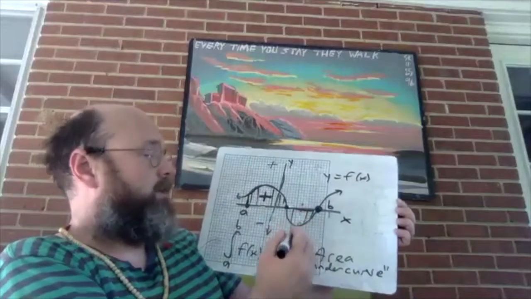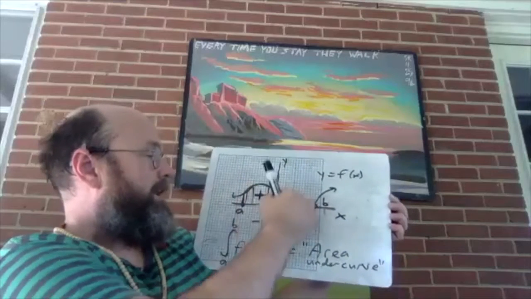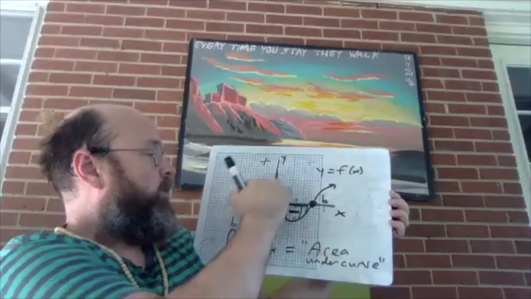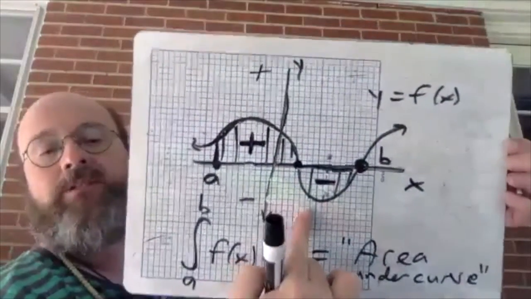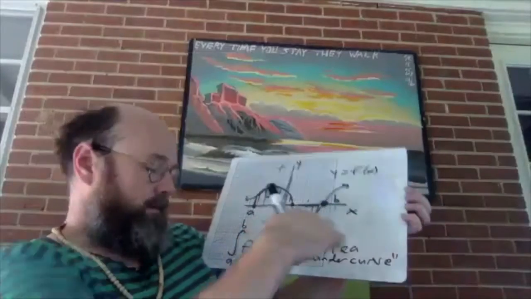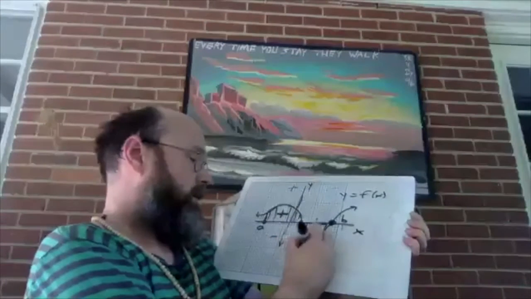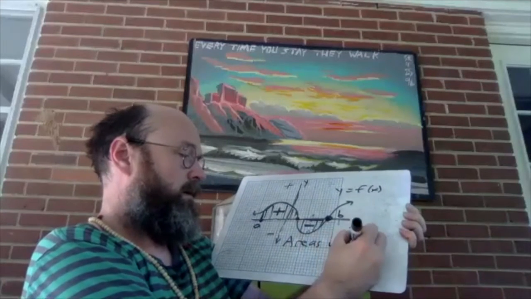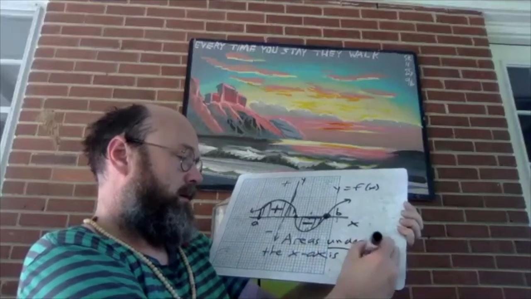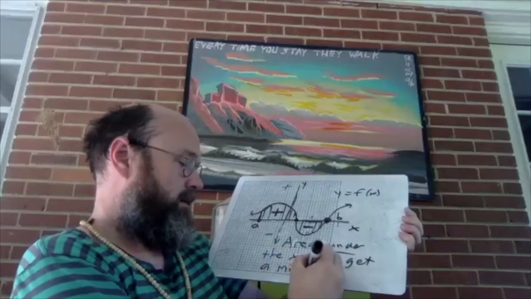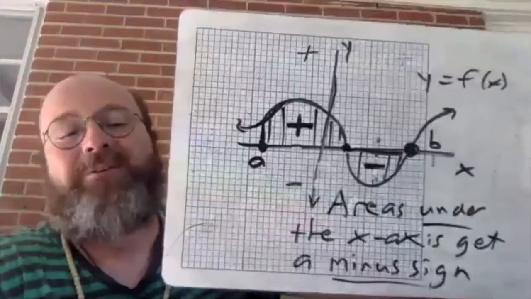And the area above the curve actually gets a negative sign. Like if this is 10 and this is 5, then the total area is going to be 10 minus 5. I'm just saying areas underneath the x-axis get a minus sign. That was my caveat.